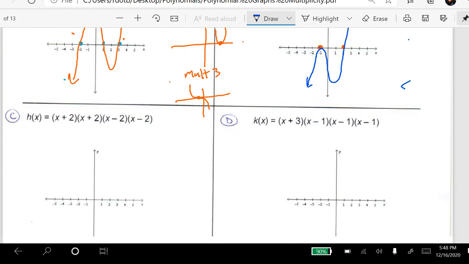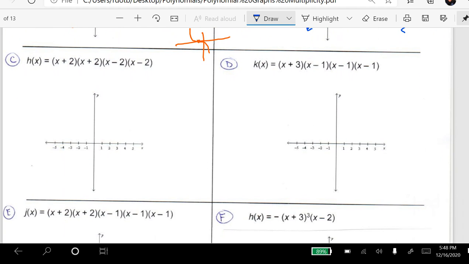Our next example, C. For C, we have 2 zeros. It's going to be negative 2, and then this is plus 2. So this has a multiplicity of 2, and this also has a multiplicity of 2. So 2, negative 2.